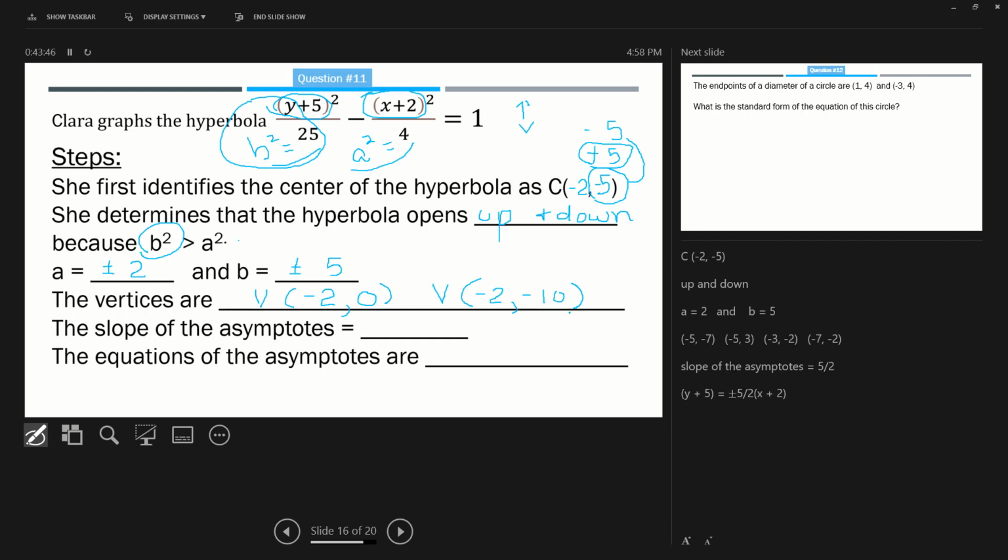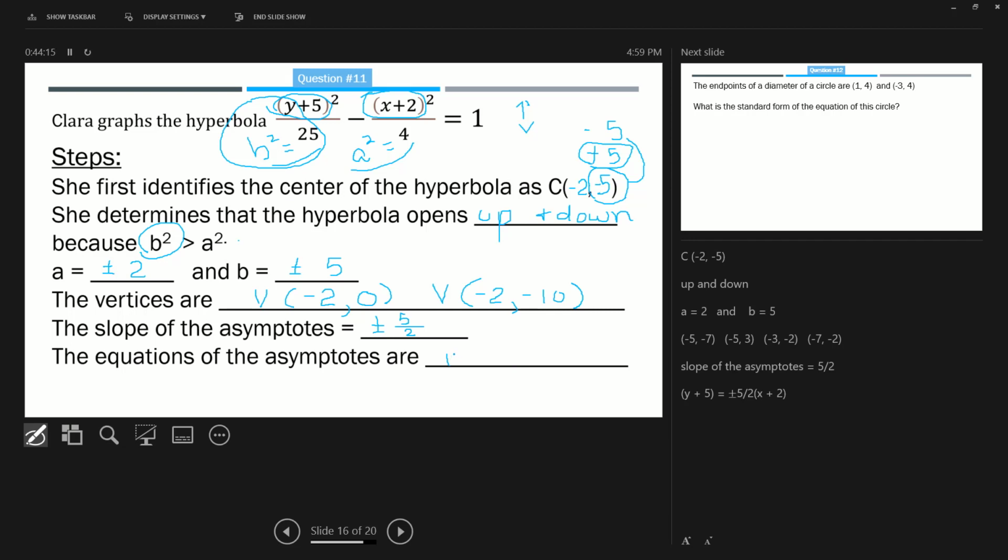Okay. Now the equation for this, or the slope of the asymptotes, is going to be positive or negative b over a. So it's going to be 5 over 2, positive or negative 5 over 2. And the equation is written this way.